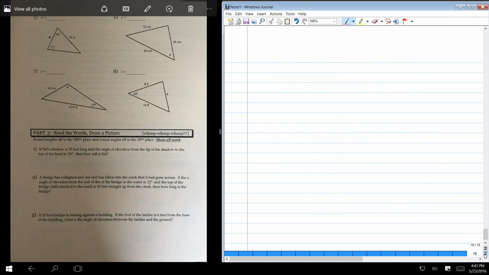But number 6, we don't have an angle and its opposite side. We have x, but that doesn't count. When I say we need an angle and its opposite side, we need the measurement of that angle plus the measurement of its opposite side. What we have in 6 is side, side, side.